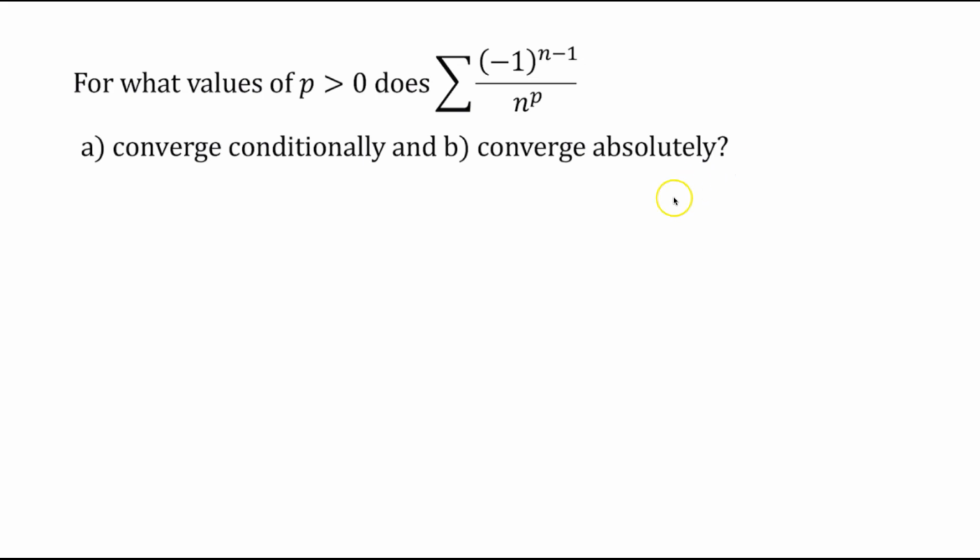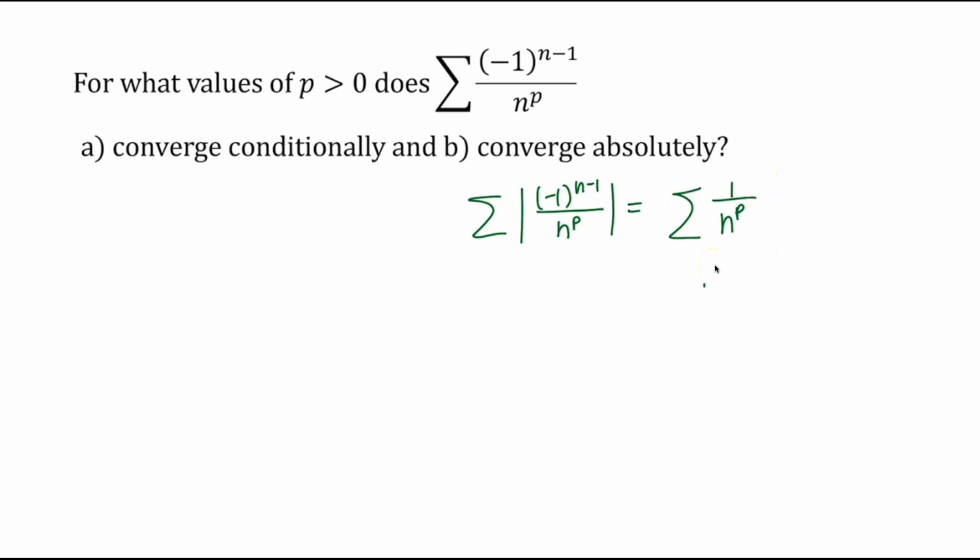We'll start by thinking about this series converging absolutely. So what we would do is we would consider the sum of the absolute value of negative 1 to the n minus 1 over n to the p. Well, what that does is it removes that alternating factor, so we would just be looking at 1 over n to the p. And this is just plainly a p-series. So when would this p-series converge?